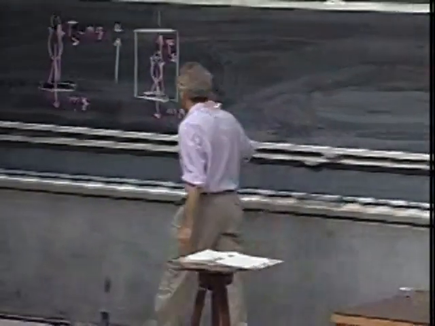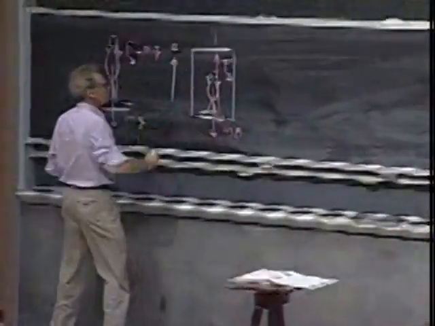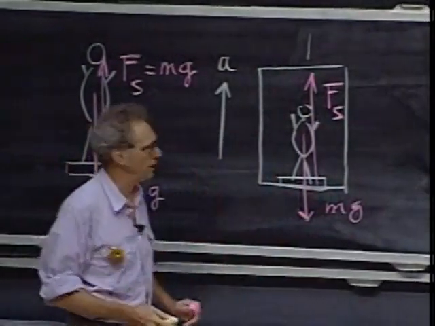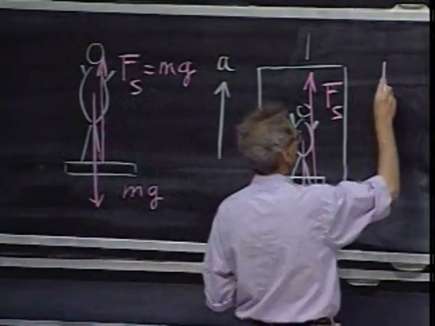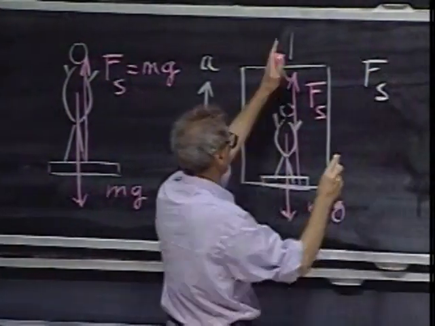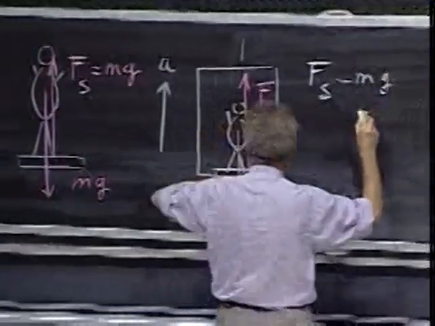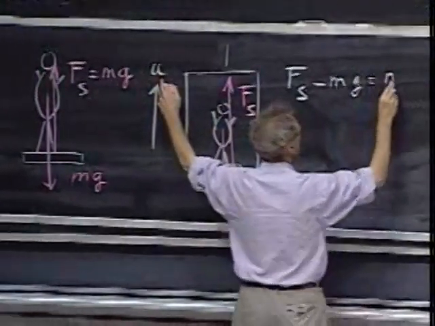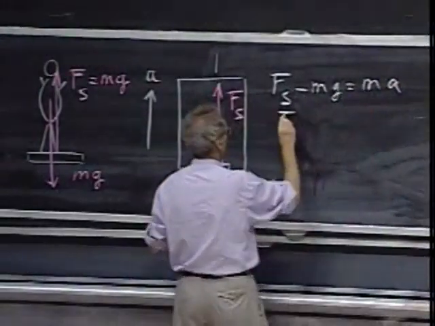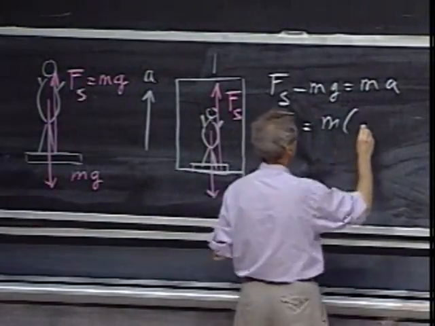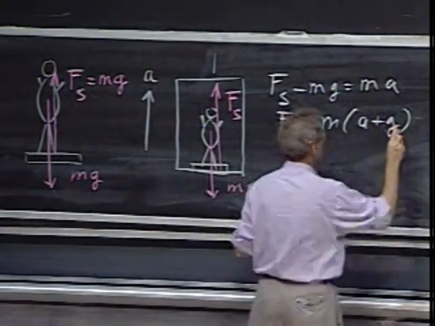Okay, it's clear that if this is accelerated upwards, that F of s must be larger than mg, otherwise I cannot be accelerated. And so we get Newton's second law. F of s is in plus direction, minus mg, it's in this direction, equals m times a. And so the bathroom scale indicates m times (a plus g).